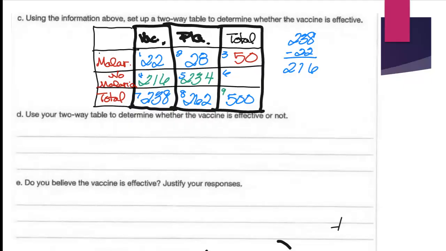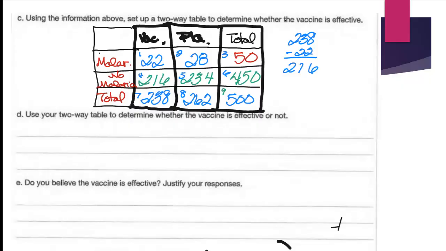That would be a little easier, because 500 minus 50 is 450. And just for giggles and grins, check: is 216 plus 234 giving you 450? Yes. They should all add up to be the same. If they don't add up, then something's wrong and you need to recheck part of your table.